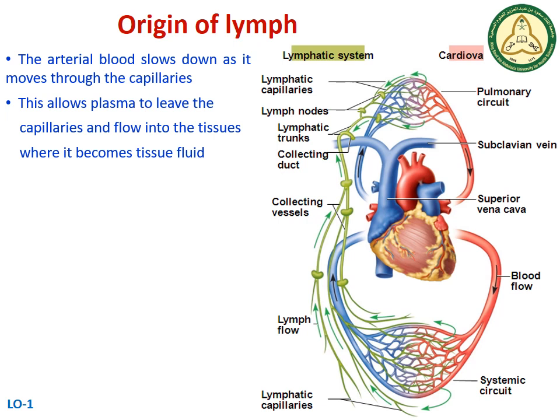Inside the tissue, the arteries divide and form the capillaries, and capillaries rejoin together to form the venule. These capillaries make the exchange of nutrition and gases. From the arterial end, of the blood that enters through diffusion into the tissue, out of that 100%, 90% returns back at the venular end.